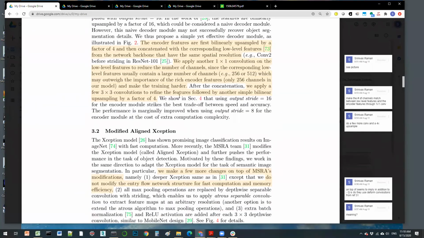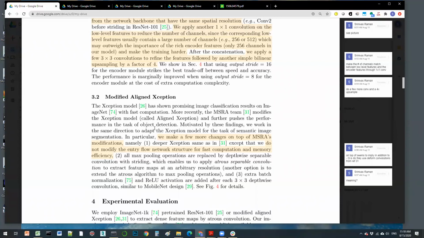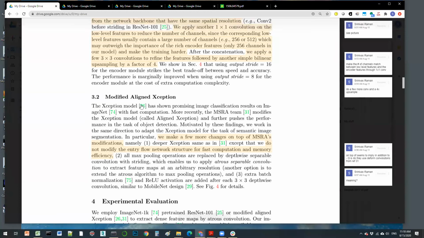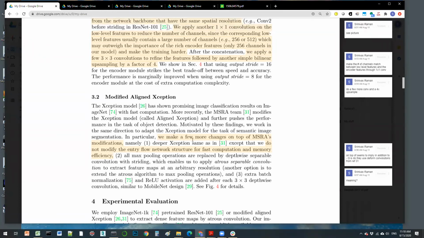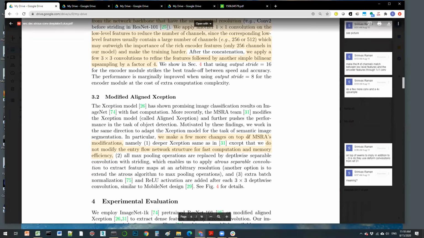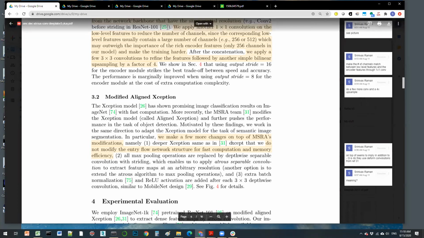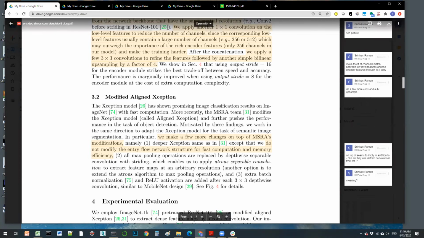And then the Xception paper, reference 26, is what introduces the depthwise separable convolution. And there's another paper, reference 31, where Xception is used as the backbone, and that's what these two things refer to.